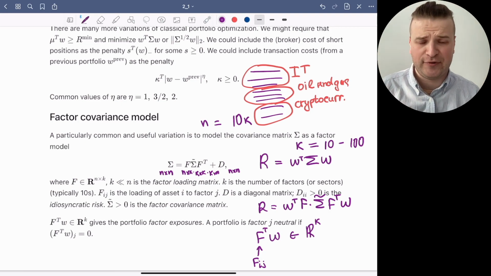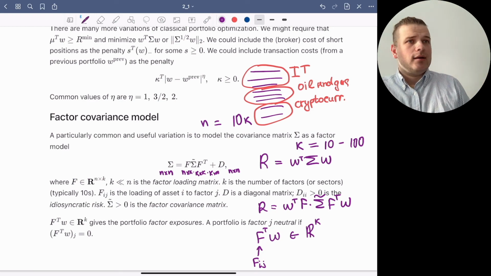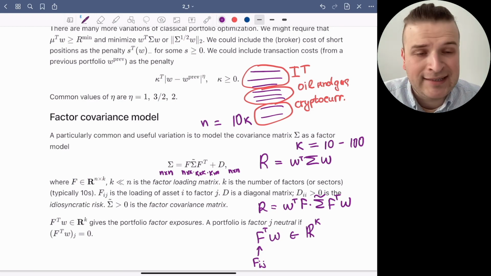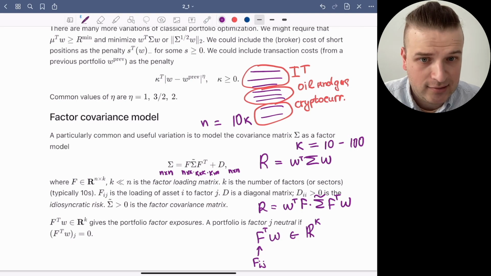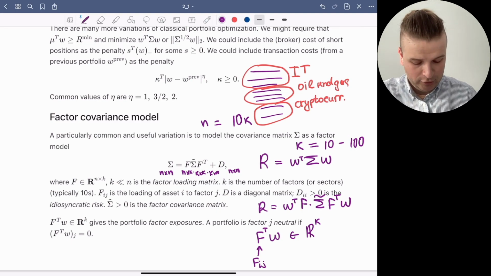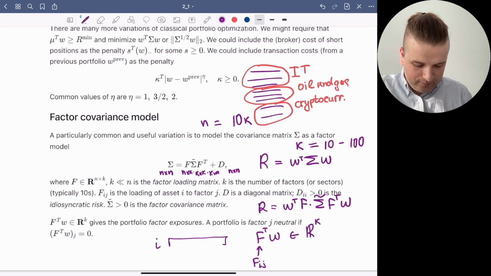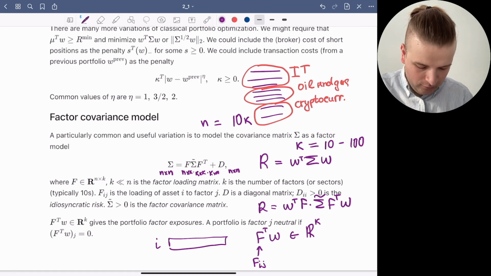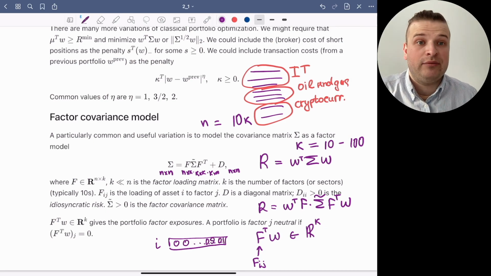That's how it is constructed. For example, you know that Facebook is mostly in the IT sector, and that's why, if I have asset i, which is Facebook, you will have this row here, and this will be almost zero everywhere except IT and probably advertisement sector.